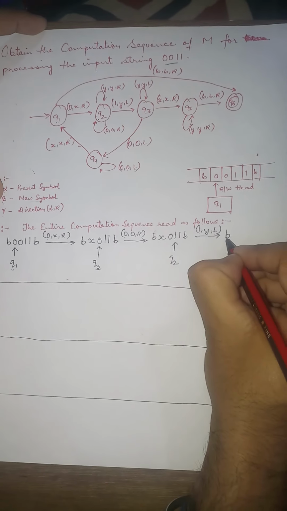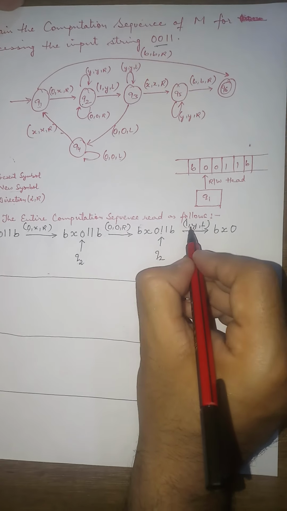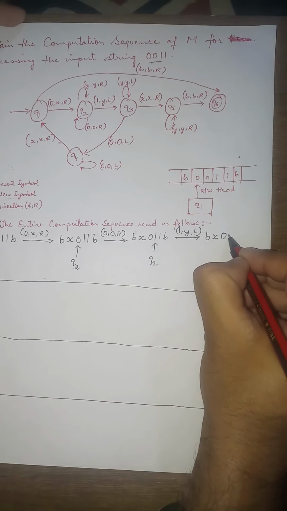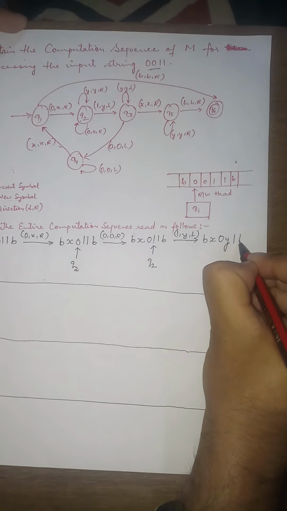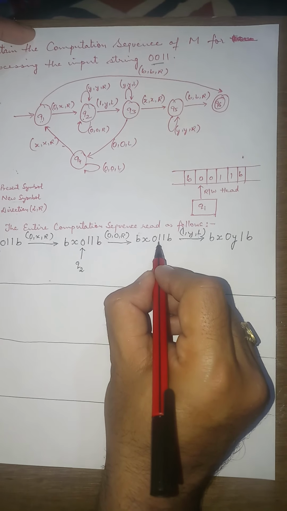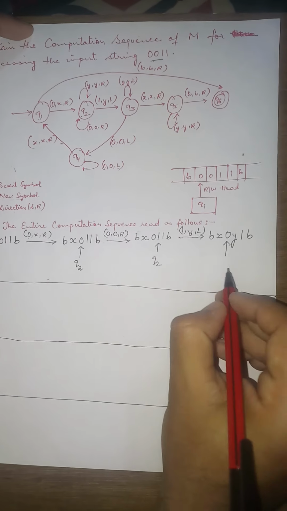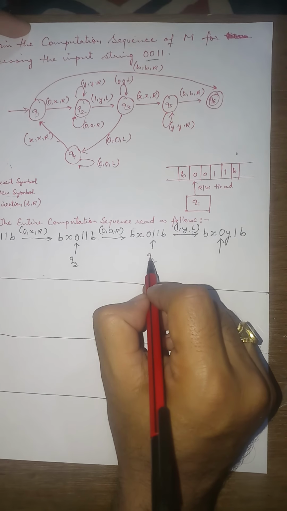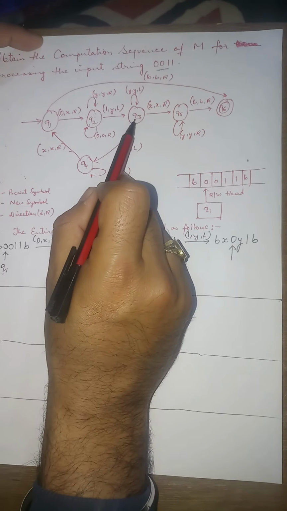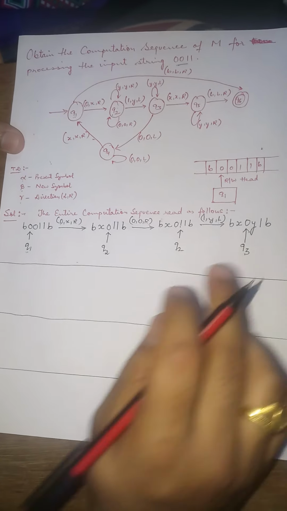So let's first write b x 0, because 1 will be replaced with y. It means this 1 will be replaced with y, then 1 b, and the direction of motion is left. Your read write head will move towards this 0, and q2 with move 1 y l gives you the state q3. I hope you get this point.